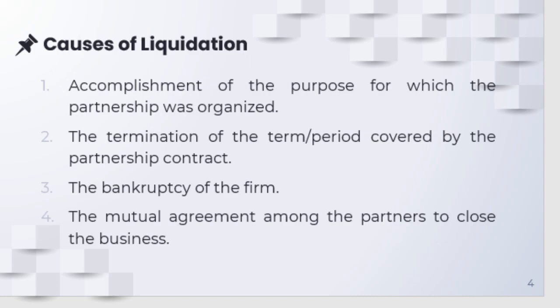So, kapag nagkasundo sila na mag-stop na sila ng operations, or ito yung tinatawag na partnership at will, kapag gusto lang nila na stop na yung kanilang business, so pwede na yun. So, dito magkakaroon ng liquidation. So, these are the causes of liquidation.